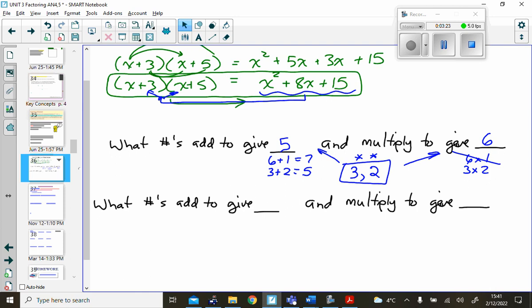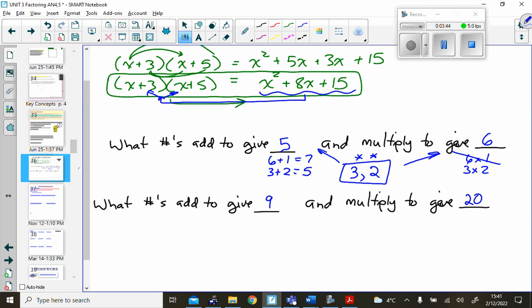Okay, so what numbers add to give 9 and multiply to give 20? And I'll just pause for a second to give you time to think. You're thinking of all the factors of 20.